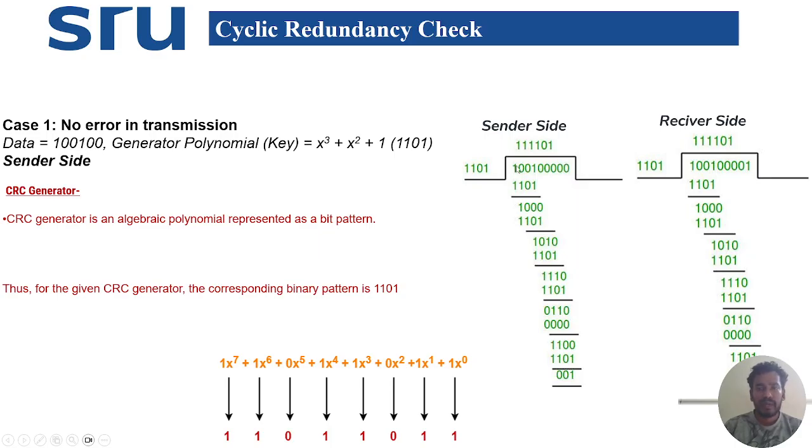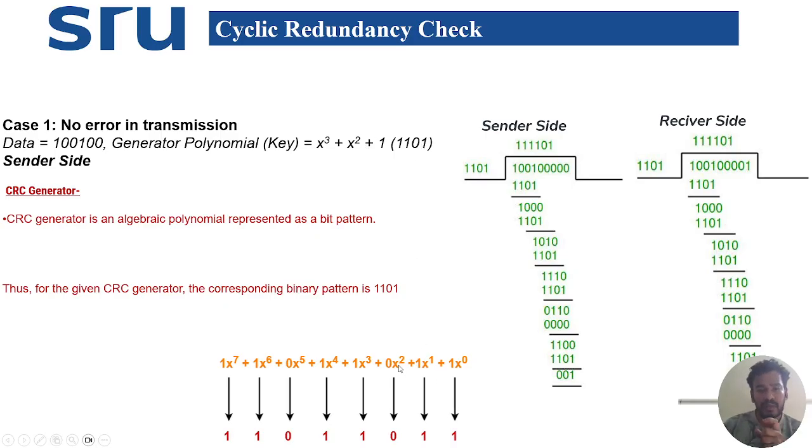1000100. We take this given data and the given polynomial key, x cubed plus x squared plus a constant. From this polynomial key we take the generator key, the divisor. The constant we directly take from here, and in between, x to the power 1 should be 0.